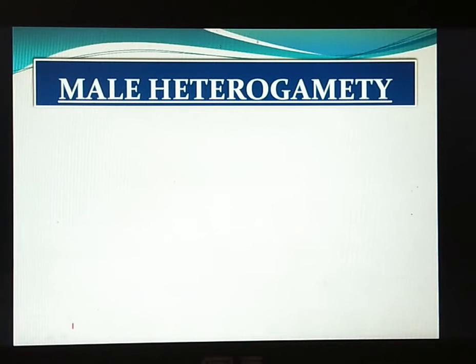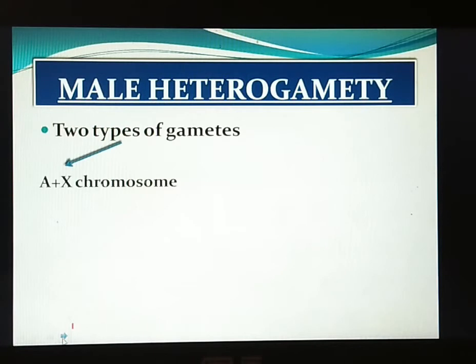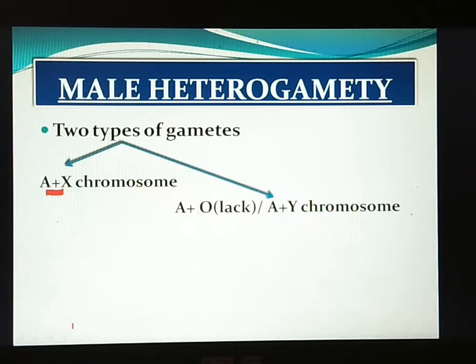In male heterogamety, there are two types of gametes that are formed. Okay, in one type of gamete, there will be autosomes and one X chromosome. Whereas in the other gamete, there can be autosomes without this X chromosome, or there can be autosomes with the Y chromosome.